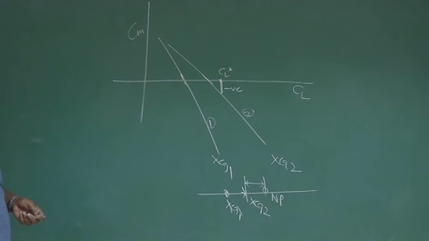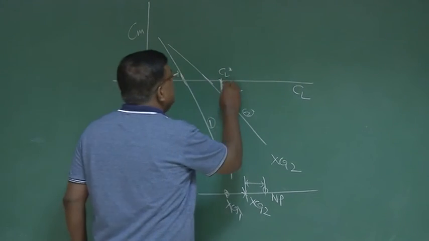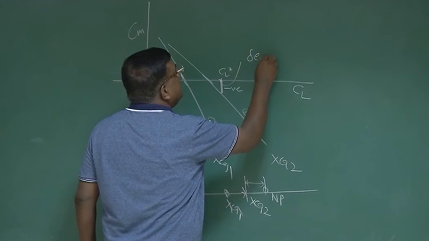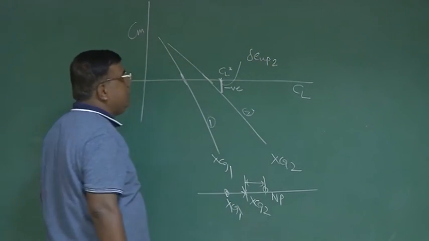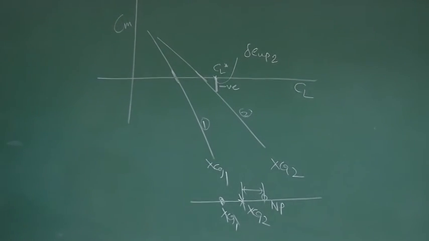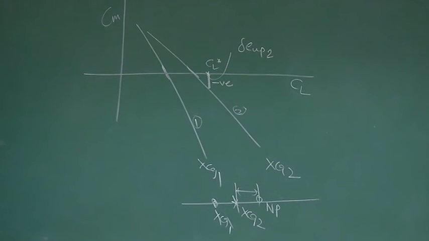And how will I do that? I will deflect the elevator up. So let us say that this corresponds to elevator up 1, or I say 2, as per this convention.